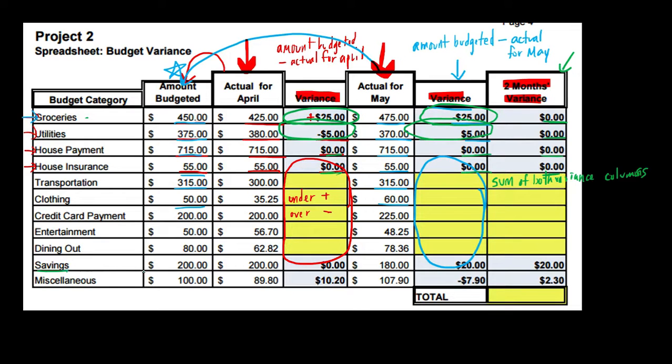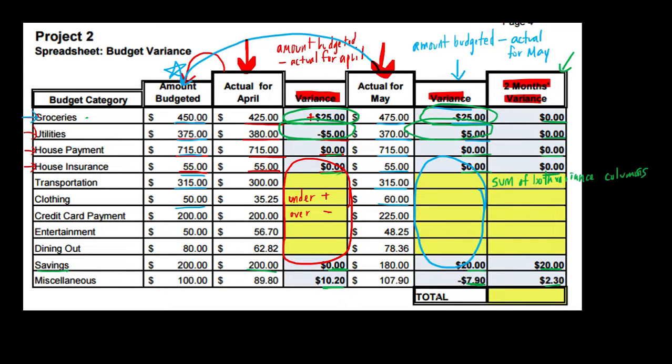You can see down here with savings, there was a $0 variance, and then a $20 variance, so 0 plus 20 is 20. And finally with miscellaneous, there was $10.20 variance, followed by negative $7.90. 10.20 plus negative 7.90 is positive $2.30.